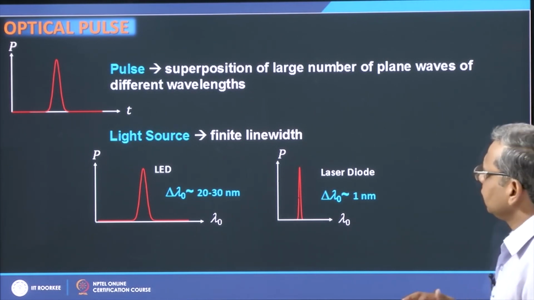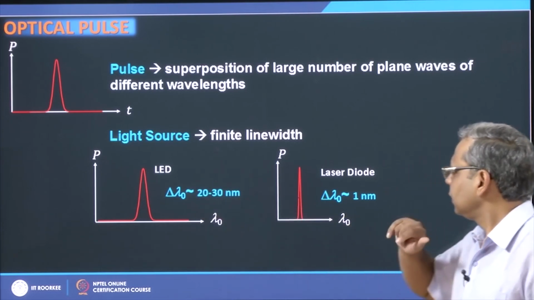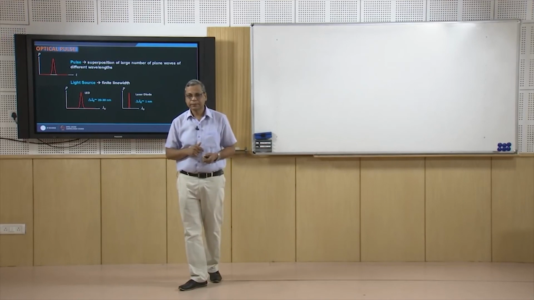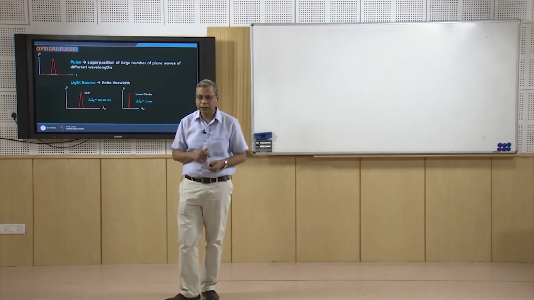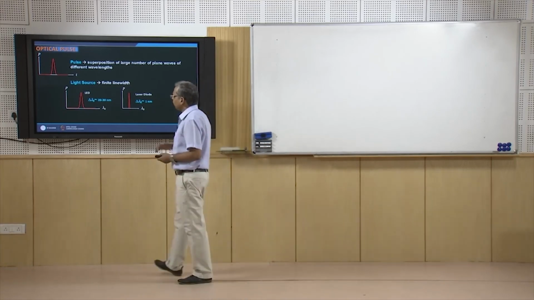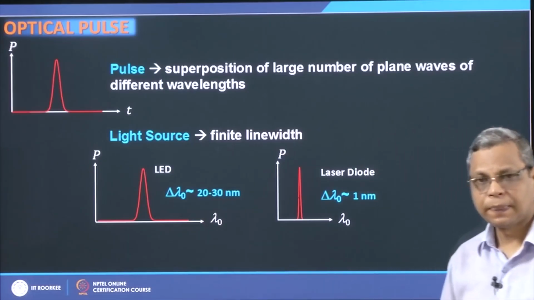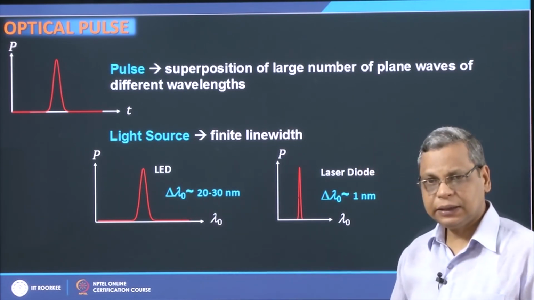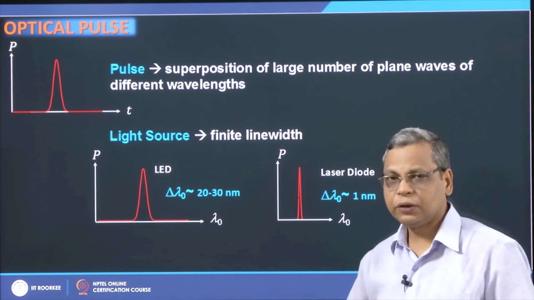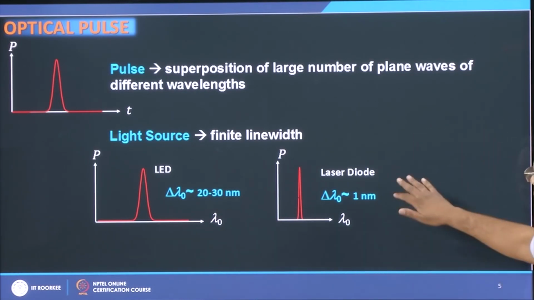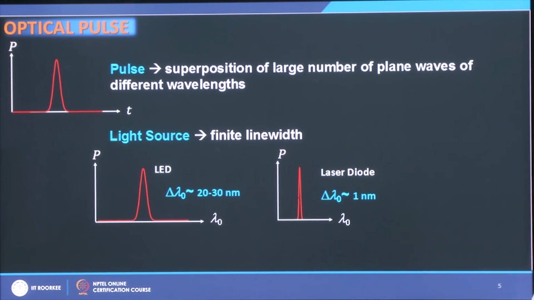When I use a light source like an LED or a laser diode for creating these pulses to send data into an optical fiber, these light sources have finite line width. For example, an LED has a typical line width of 20 to 30 nanometers, while a laser diode, although it is highly monochromatic, also has a certain line width.